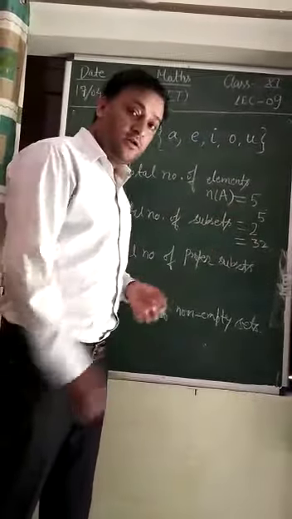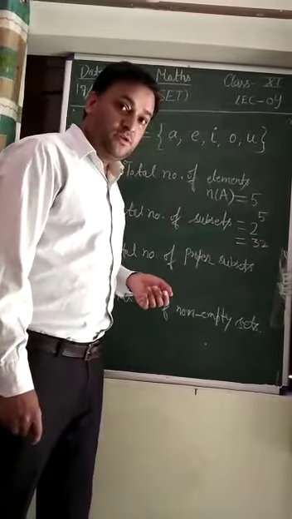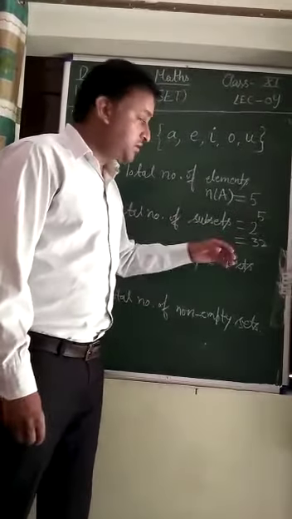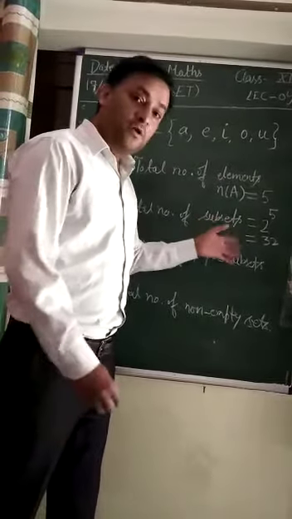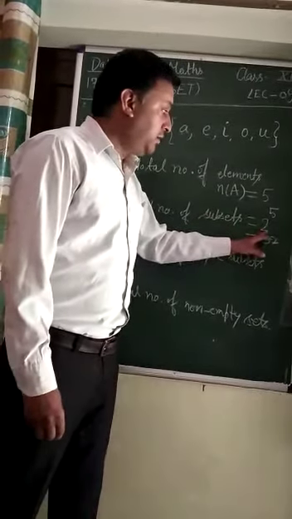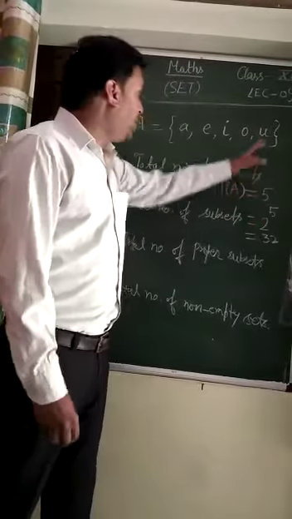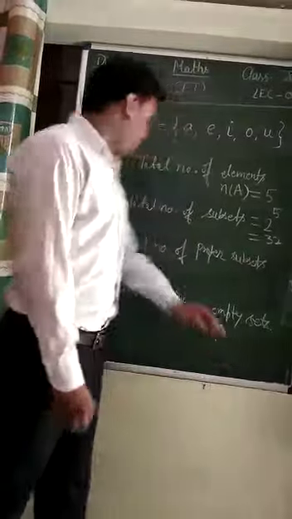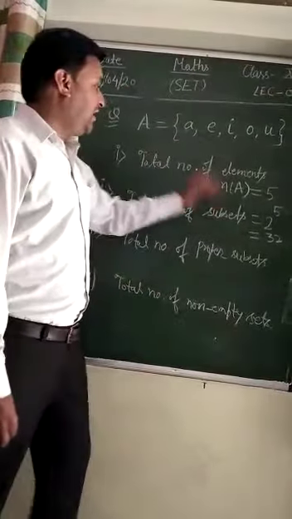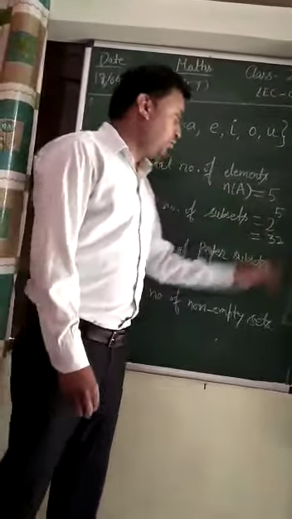But it is a time-consuming process. Your time is wasted. So the wastage of time is resolved now. You have a formula, 2 to the power of n. There are 5 elements here, so 2 to the power of 5 equals 32. So the total number of subsets in this set A is 32, or 2 to the power of 5.